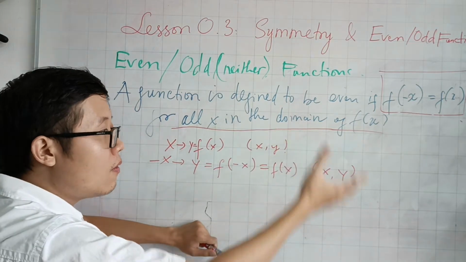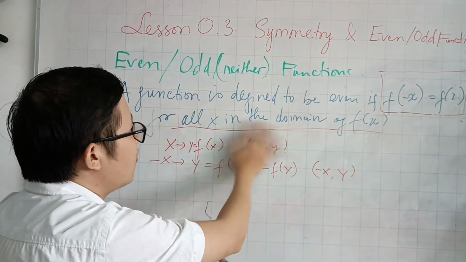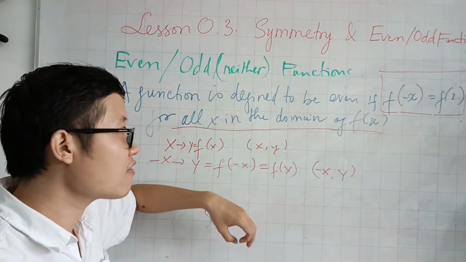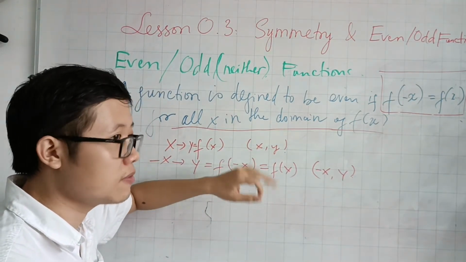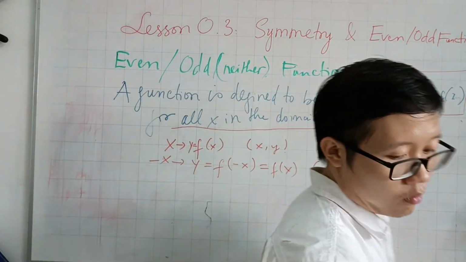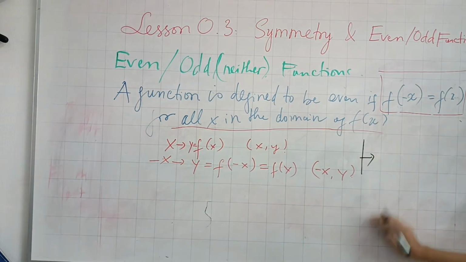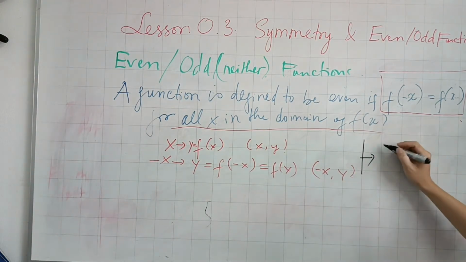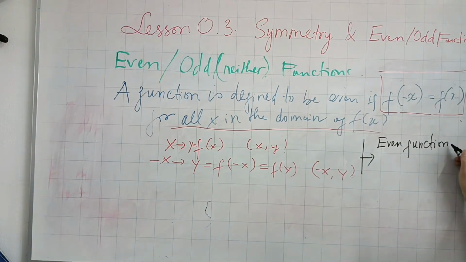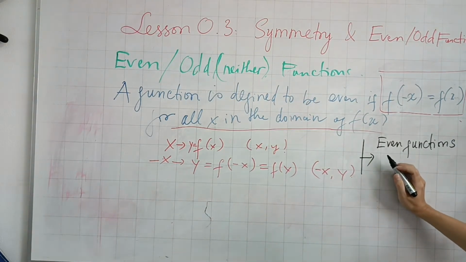You can substitute all real numbers for x in the domain of f(x). So the point (x, y) lies on the graph, and the point (-x, y) also lies on the graph. So it is y-axis symmetry. So we have a conclusion that an even function has a graph with y-axis symmetry.